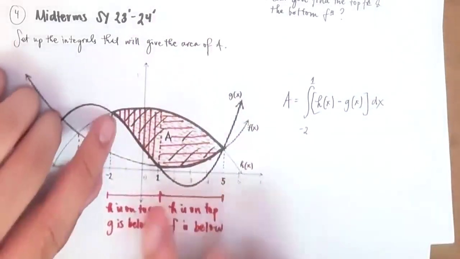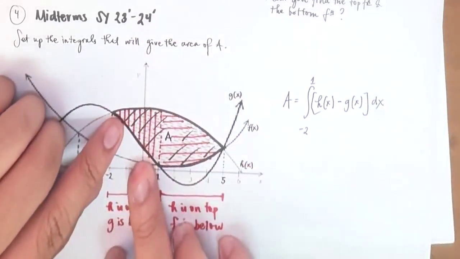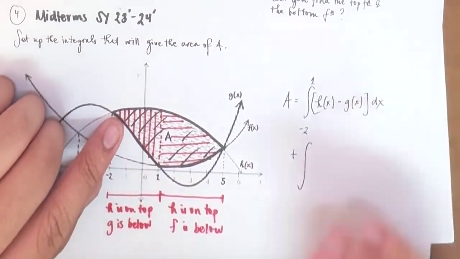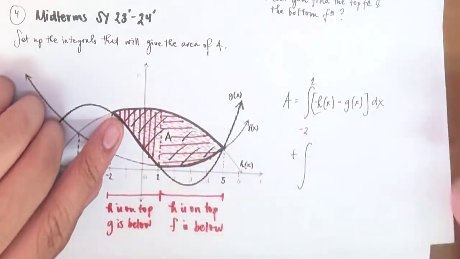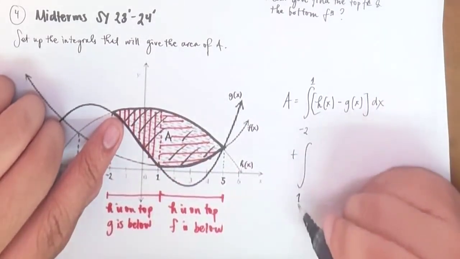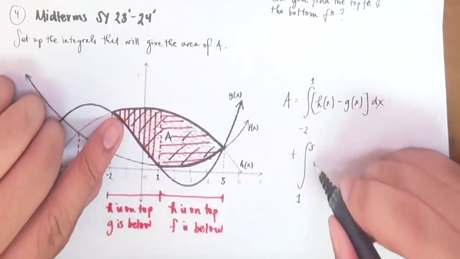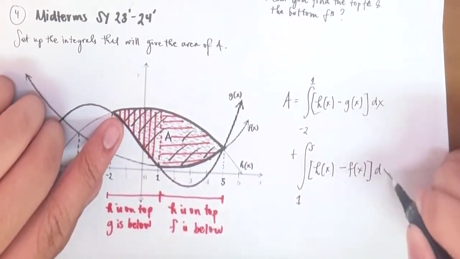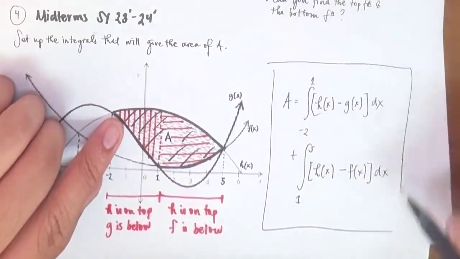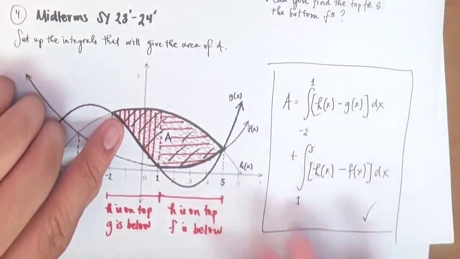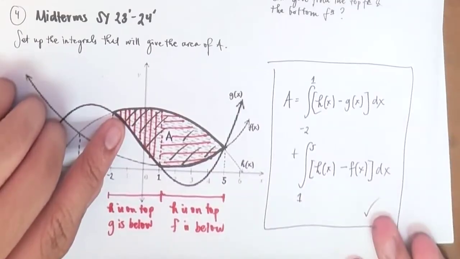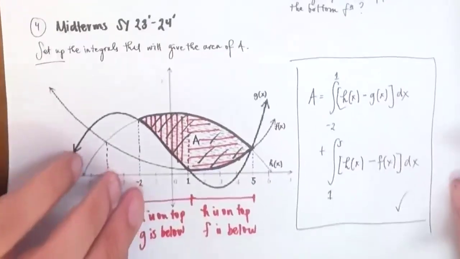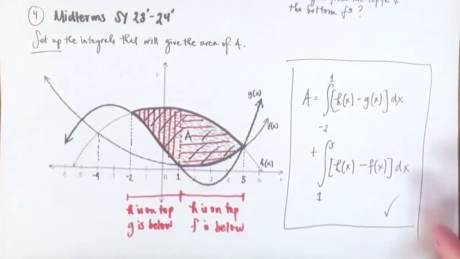Okay, so this gives us this area right here, the one with the vertical stripes, plus the area of the horizontal stripes. So it would be from 1 to 5 of the top function, it's still h of x minus f of x dx. This is now the final answer. Again, you don't need to find the value because the question is just telling you to set up the integrals. All right.